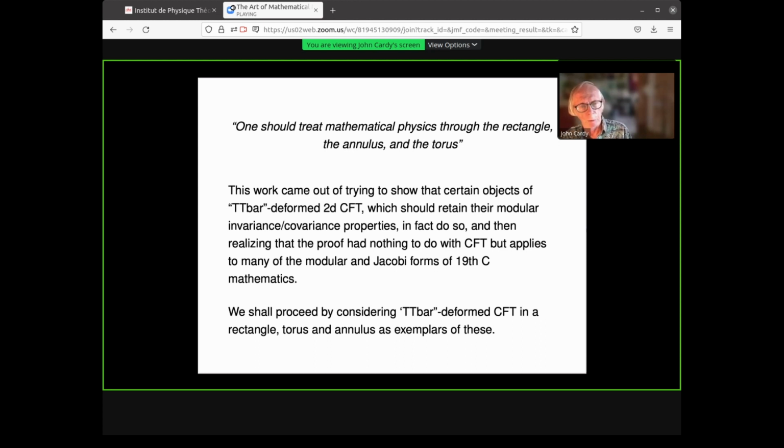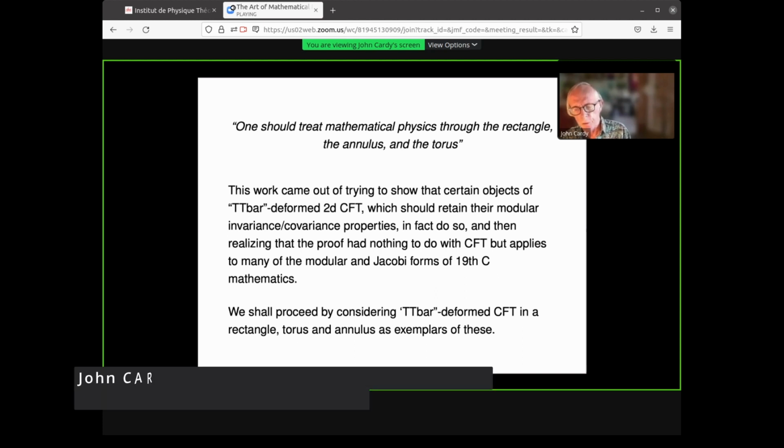But the way I'm going to proceed is by talking about T-Tbar deformed conformal field theory and essentially using its properties as a model for more general mathematical objects.